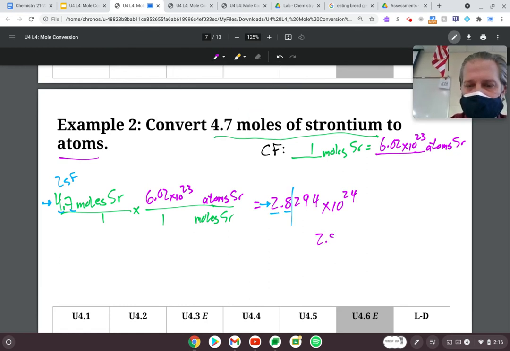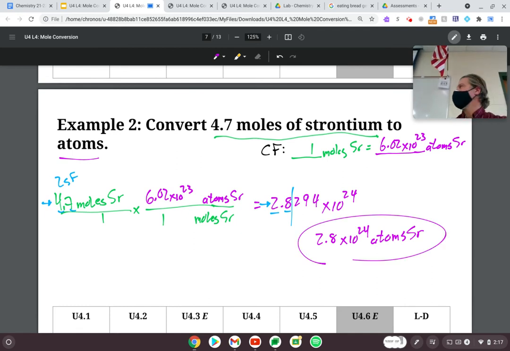Did I do it right? It gave me times 10 to the 24th, but I put the E. Oh, I did.